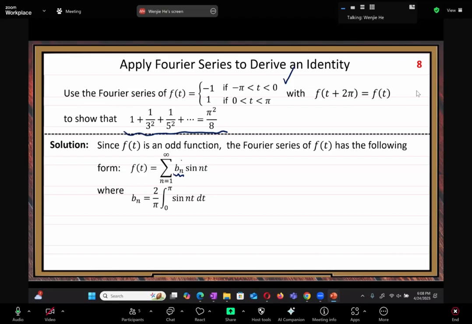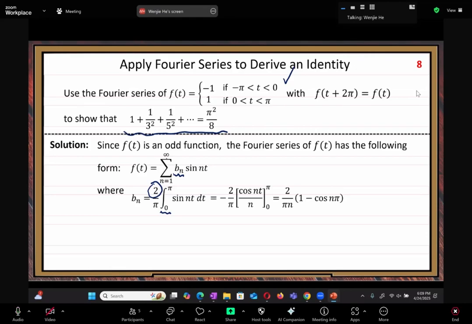So let's calculate the b coefficients by the formula. For an odd function, we only need to calculate half of the interval, but we need to double it, because the negative half is the same. Then, after some simple calculation, we get this expression.